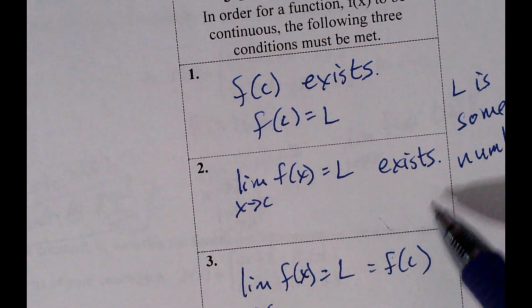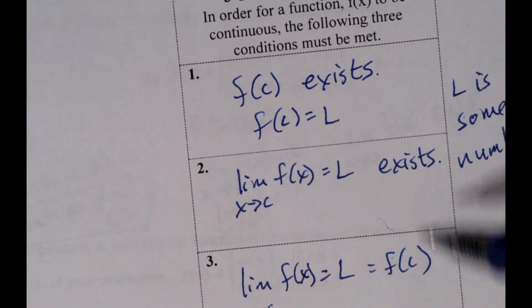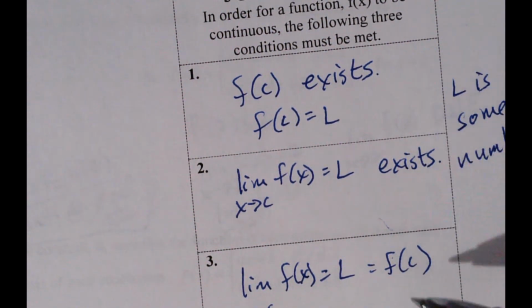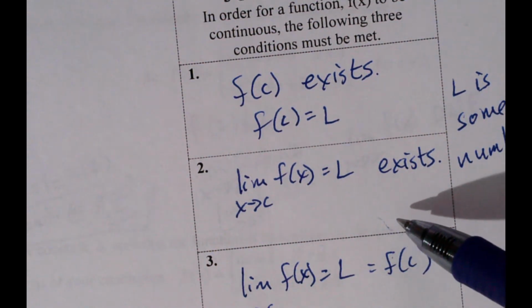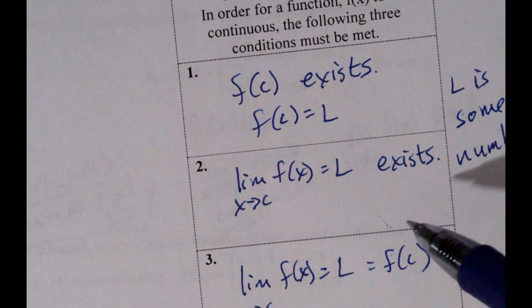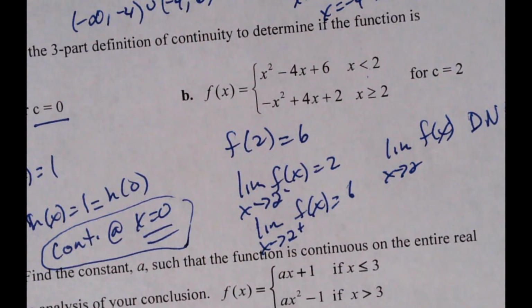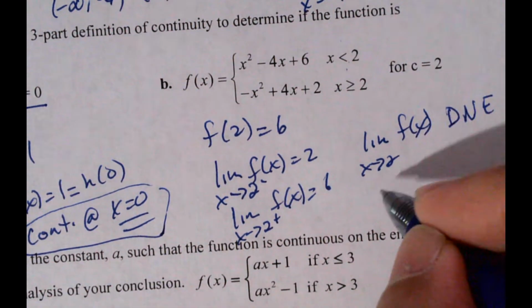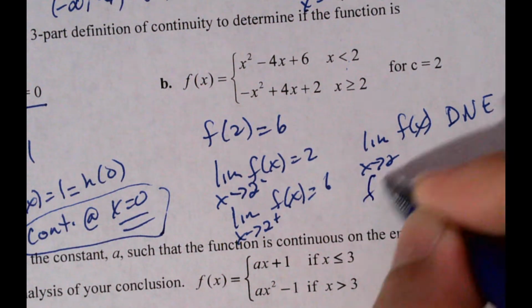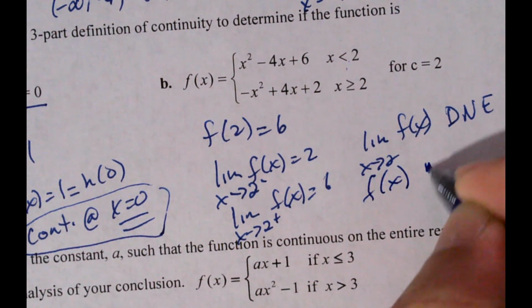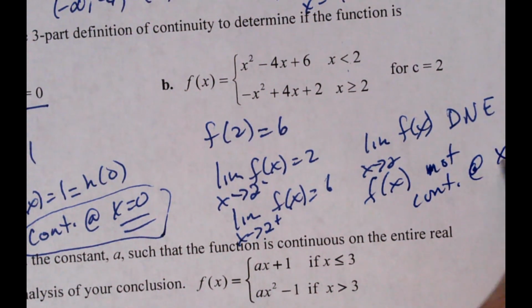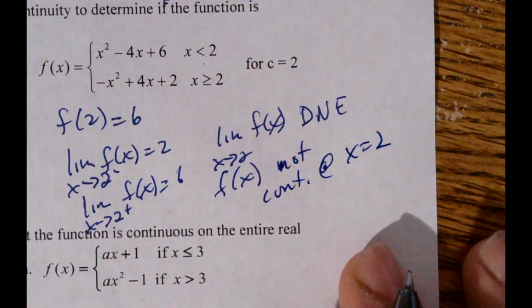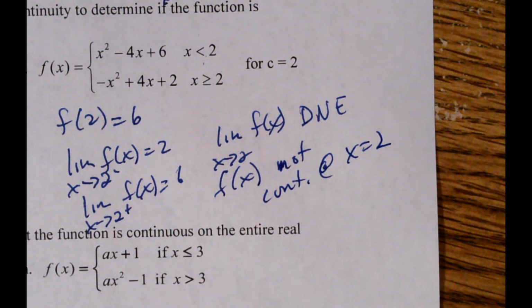If it breaks any of these rules as you check them, or you can jump to the one you suspect it's going to break, just go to that one. So it's not continuous. f of x is not continuous at x equals 2 because of this.